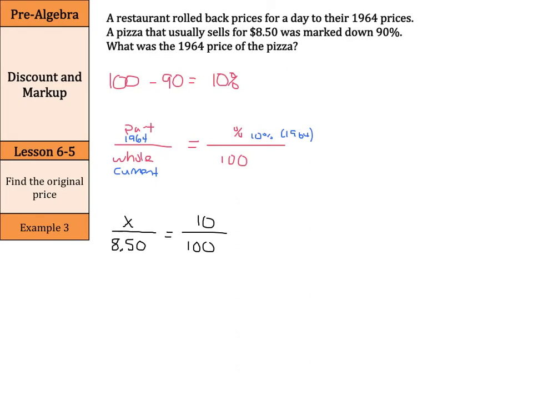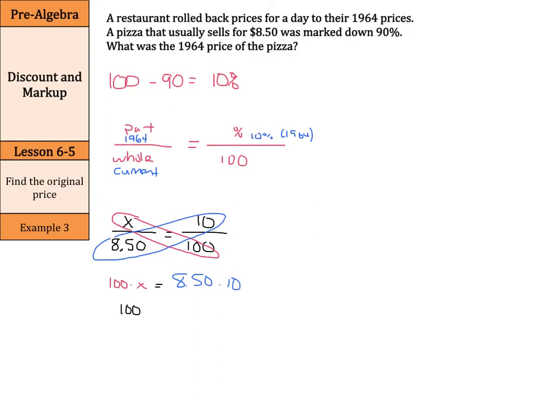Now, before I solve this, remember X is your 1964 price. The 10% represents the amount you're paying compared to today. So you're only paying 10% of what you would be paying today. Your $8.50 is today's price, and that's 100%. As I cross multiply these, I'm left with 100 times X equals $8.50 times 10.